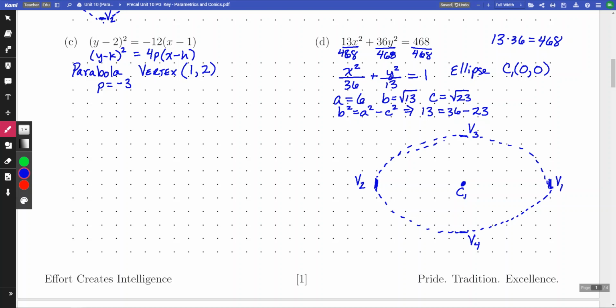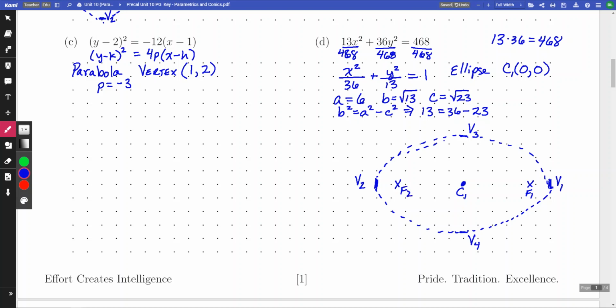So I have my center, I have my vertices, and I know my foci as well. My foci, root 23, so not quite 5. I'll have a focus to the left of my center because I'm aligned horizontally, and a focus to the right of my center. I'll call that focus 1, and I'll call that focus 2.